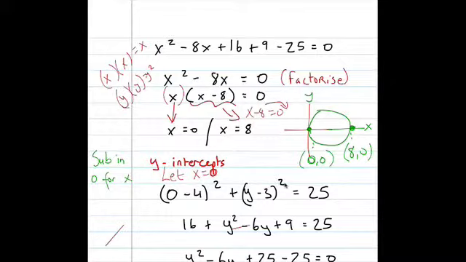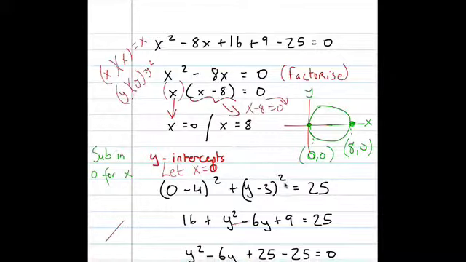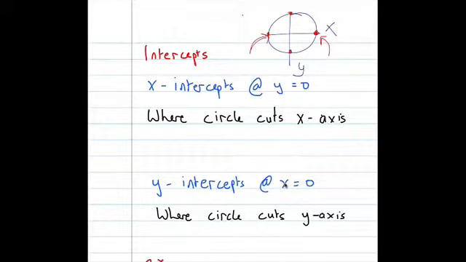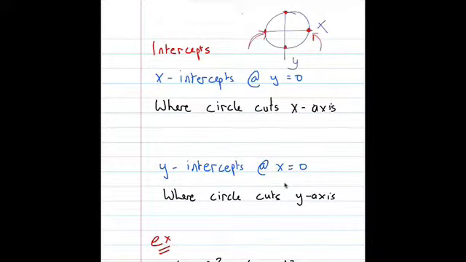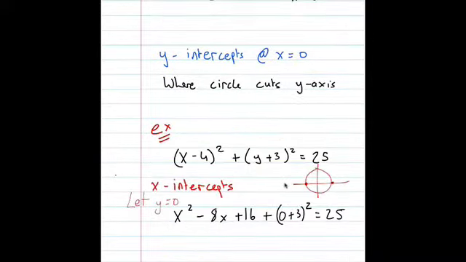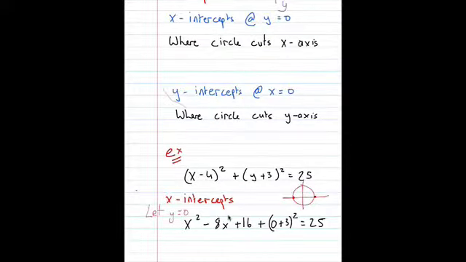You know what an intercept is? Yeah. What's an x-intercept? Where it cuts the x-axis. And how do you find the x-intercept? You let y equal 0. From here, you sub y into the equation of the circle, and that'll give you where it cuts the x-axis.